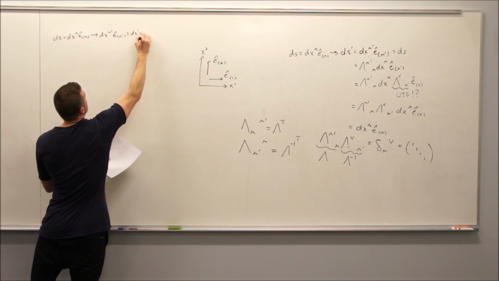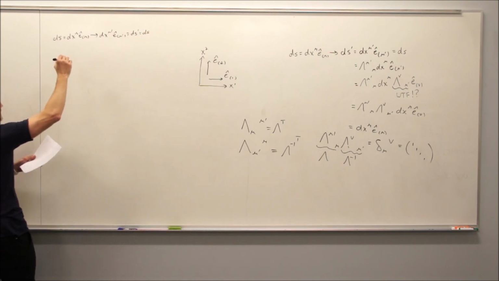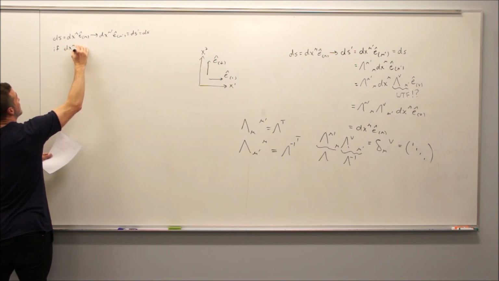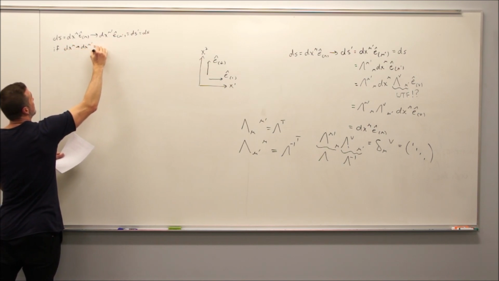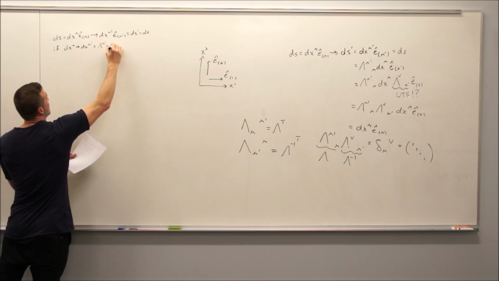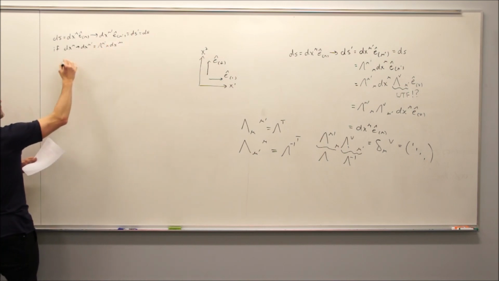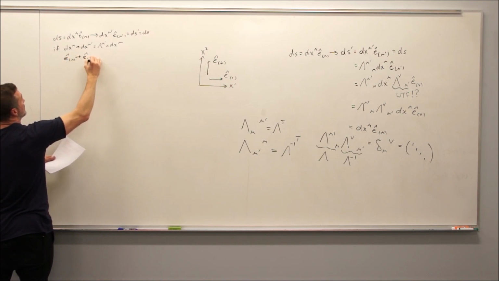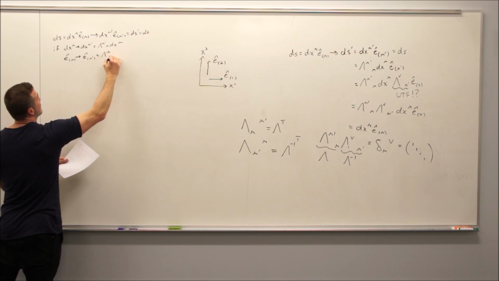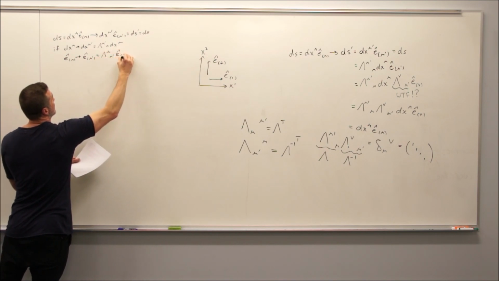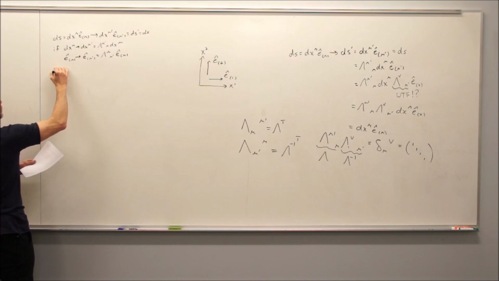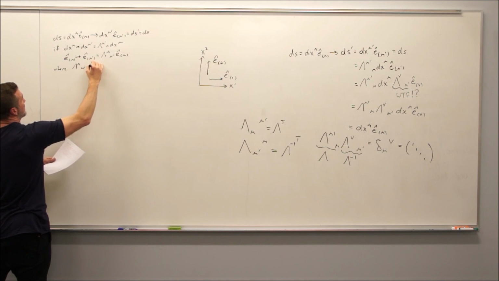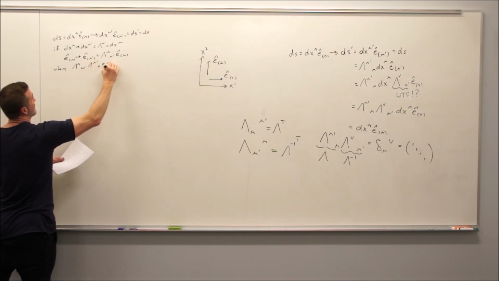Which is the expression for ds prime, but since it's invariant, that should give us back ds, and that is true if we have the following: the components transform in the usual way, and the basis vectors transform according to this new rule, where, of course, what we have in mind here is that lambda mu mu prime lambda mu prime nu equals delta mu nu.